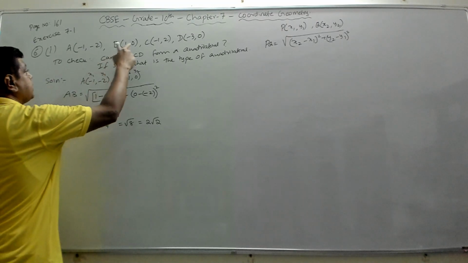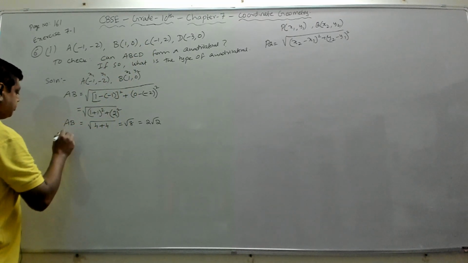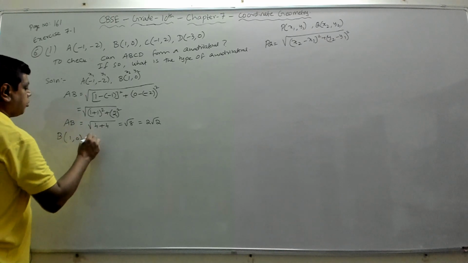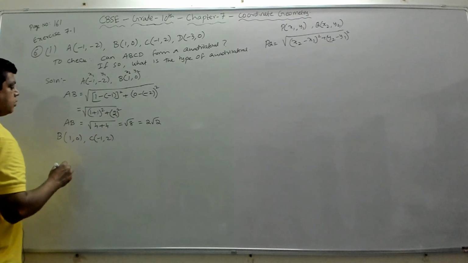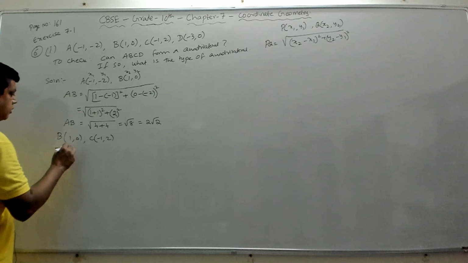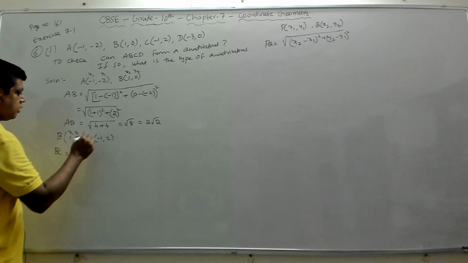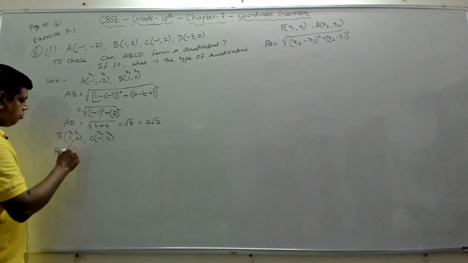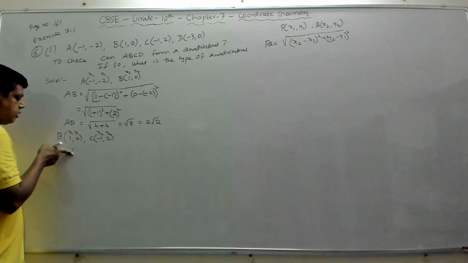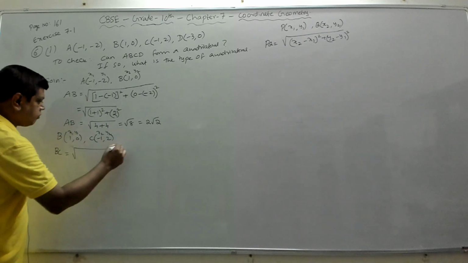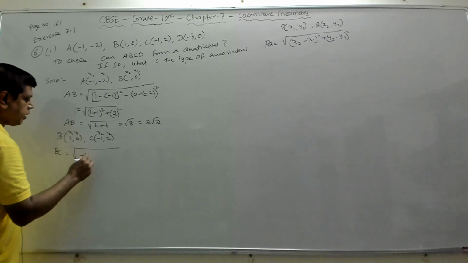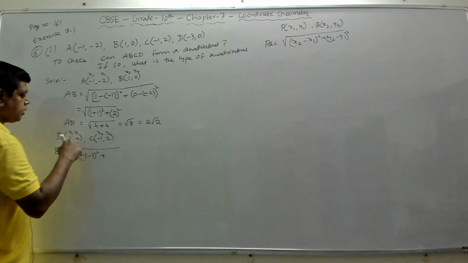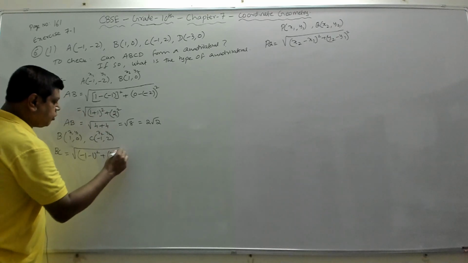Then let's find BC. Point B is (1, 0) and point C is (minus 1, 2). Let's take this as x1, y1, x2, y2 and apply our distance formula: the square root of (x2 minus x1), so (minus 1 minus 1) the whole square, plus (y2 minus y1), so (2 minus 0) the whole square.